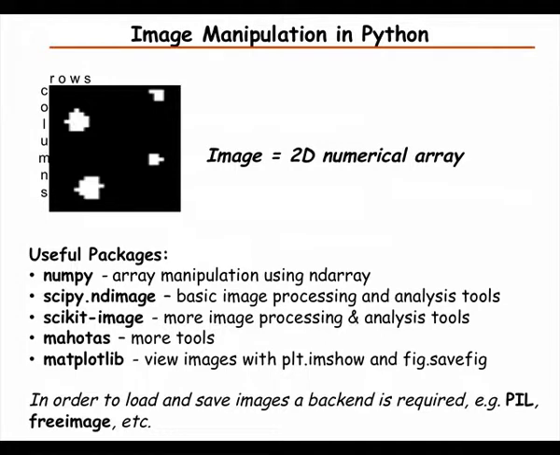So an image in Python is simply a 2-dimensional numerical array. So we have rows and columns, and at each pixel there is a value of the intensity of that pixel. And that's sort of the basic element. So you're familiar with arrays. So it's actually very easy to look at these images when inside of Python.